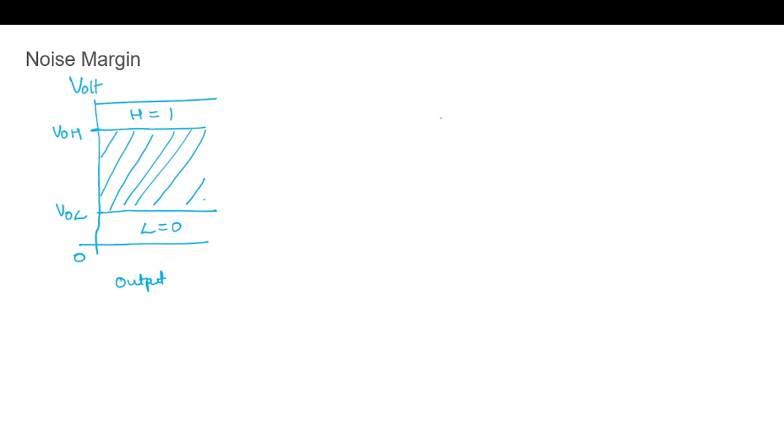In a similar way for the input, look at this marked region. This point we call VIH, input high, and this VIL, input low. Now what is the noise margin?